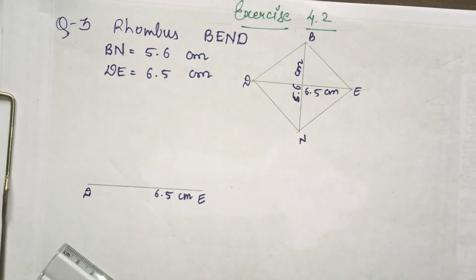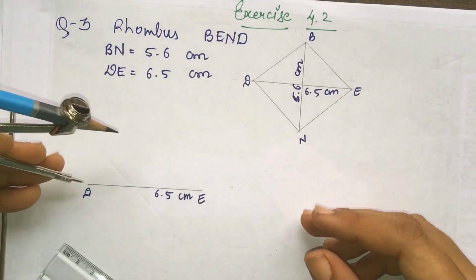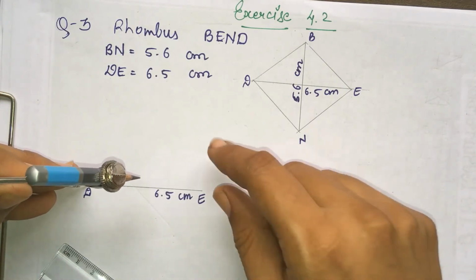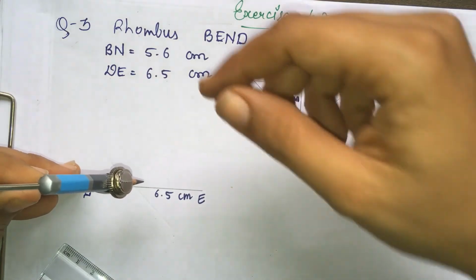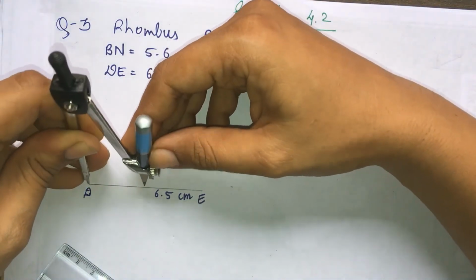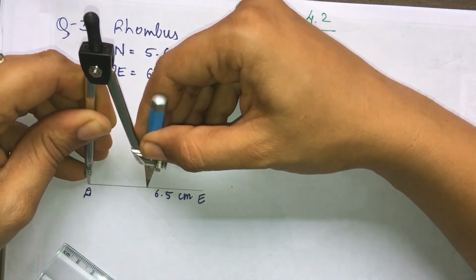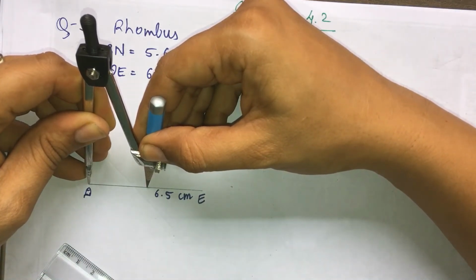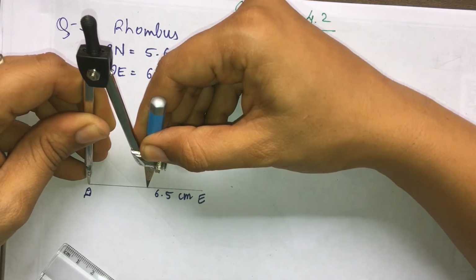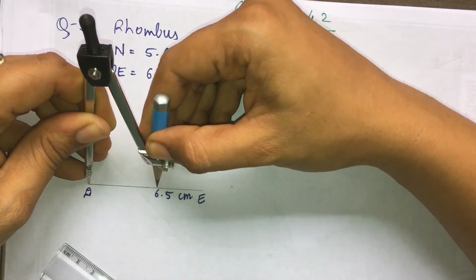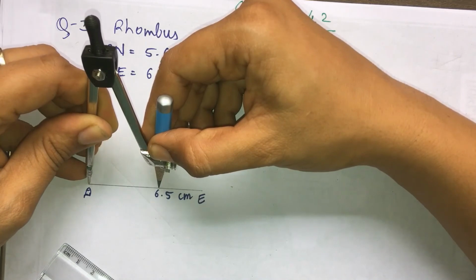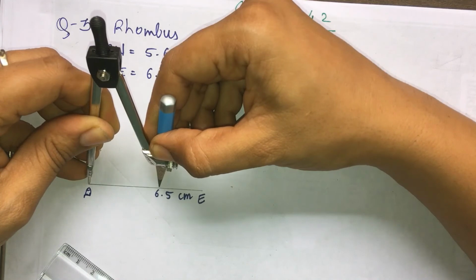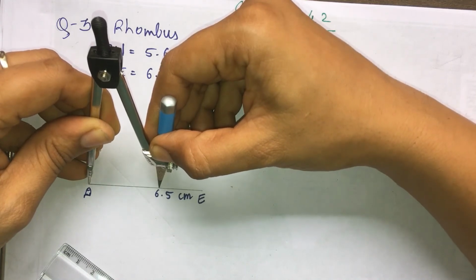So first we will draw a perpendicular line segment to DE. For that we will take any radius which must be greater than half of 6.5. So approximately you can see that this is the midpoint. We don't need to take the exact midpoint. We can take the measurement approximate and then we have to take a little more than half. So I am extending the point and this is radius more than half of 6.5 centimeter.